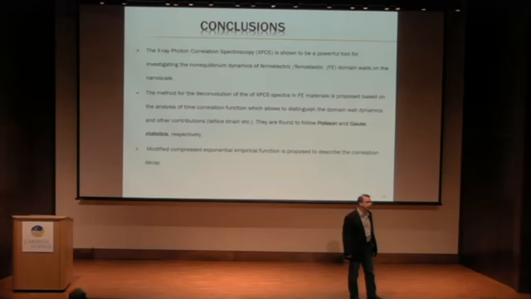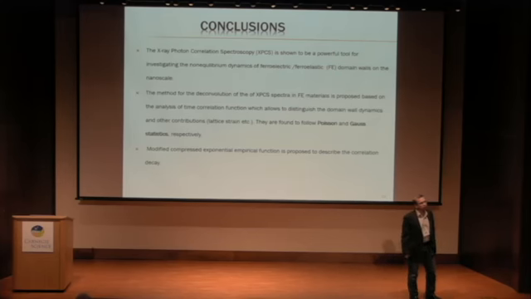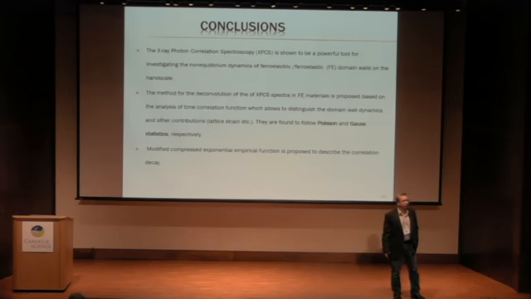And what will happen if you use visible light instead of X-rays? Of course, we expect something like this with visible light, because in principle, dynamic light scattering is based on the same physics.